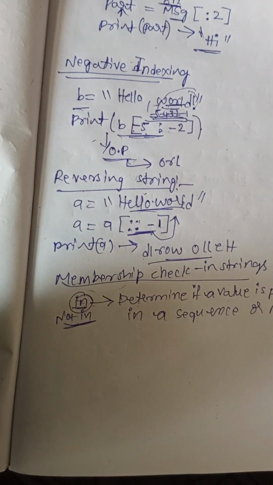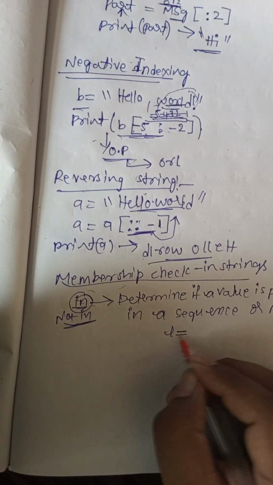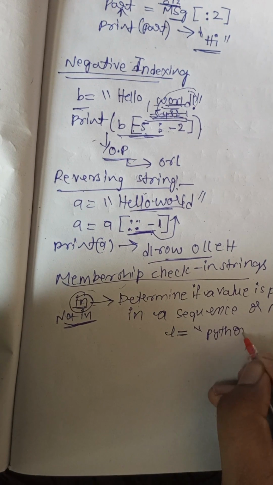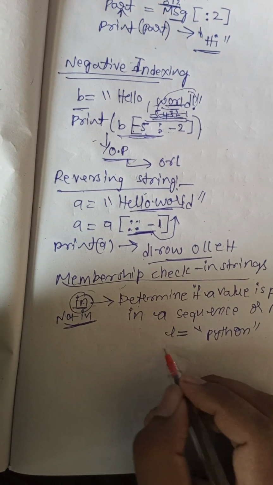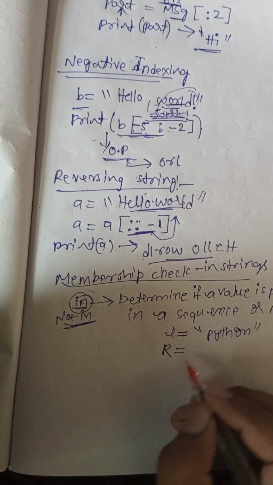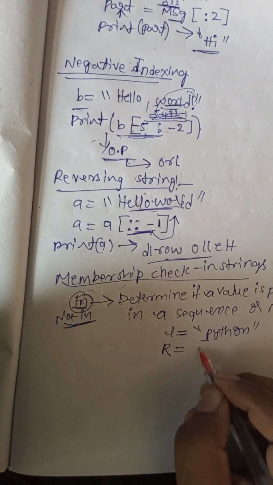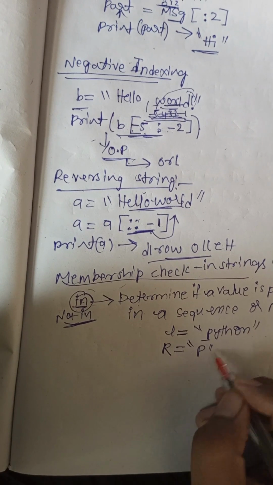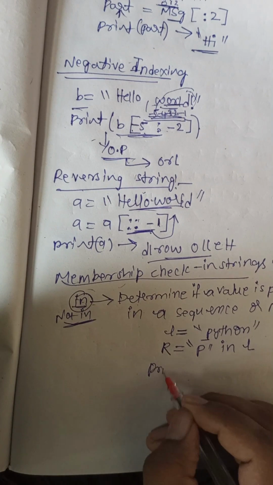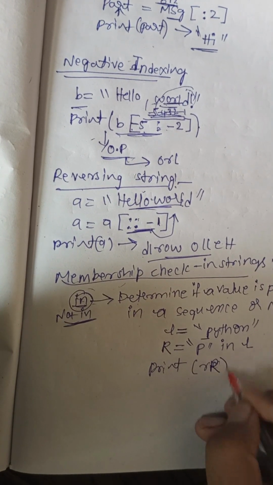Example: I would take l as a variable, assigning it "Python". Okay, I'm taking result as "p" in l. I'm keeping the string p in l, and print the result.